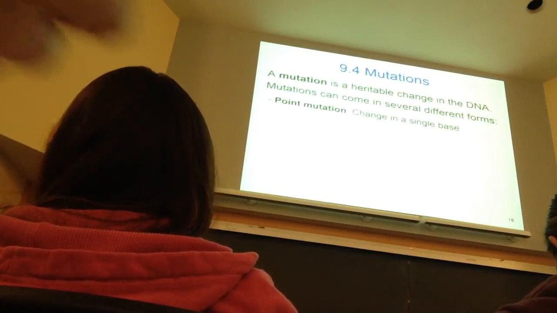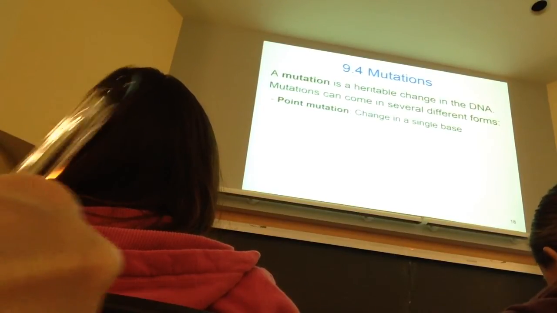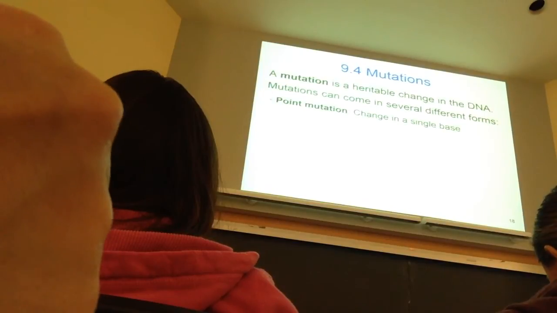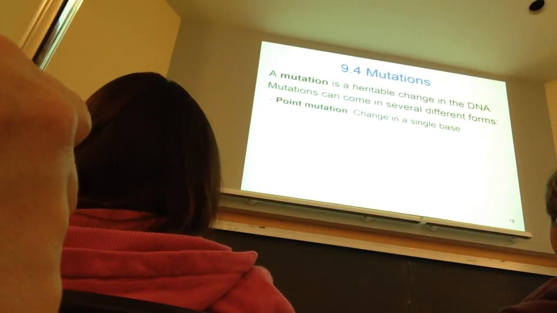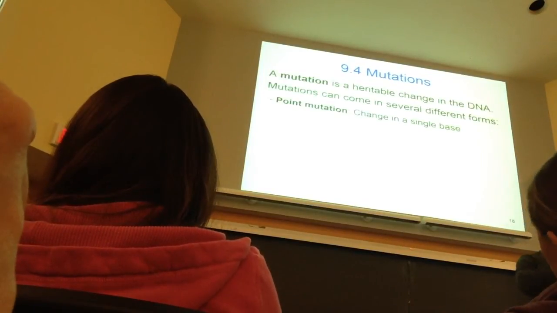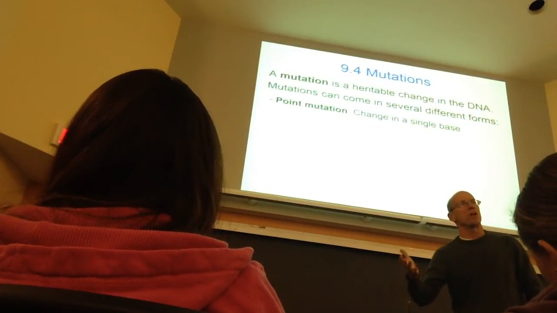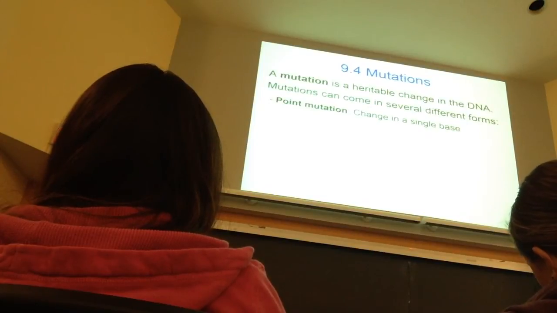So, what is a mutation? And I think you know quite a bit about mutations already. But that very first statement is a heritable change in the DNA. You can have mutations happen, and we correct those mutations, and we don't pass them on to our offspring. So, in other words, it has to be a heritable mutation.